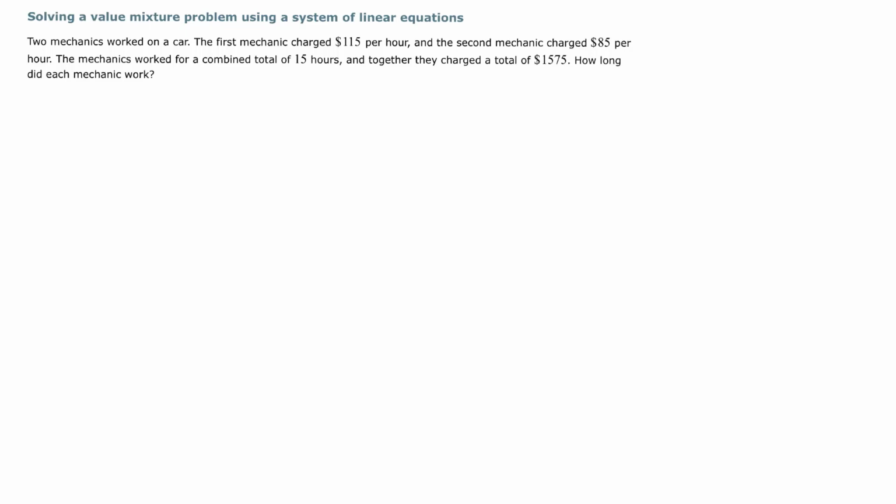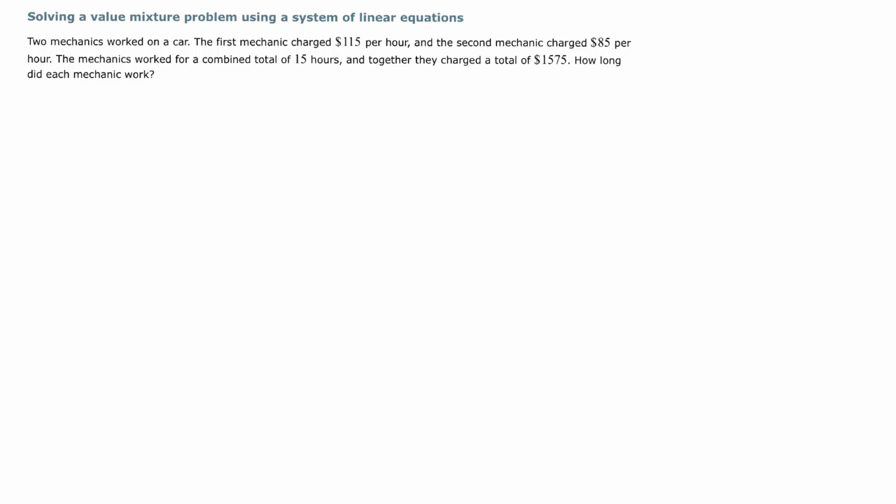The first thing you want to do in any word problem is translate the words into a mathematical symbol. So we've got to take some of these words and actually translate them into a mathematical symbol. In many cases, we call that a variable. Let's translate some of this.